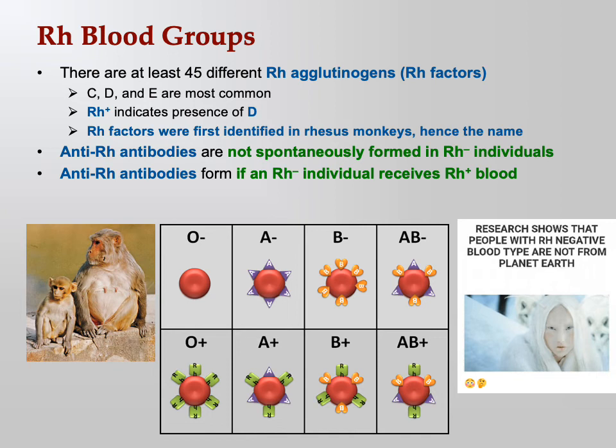What if you have an Rh negative person? Well, if they've never come into contact with Rh positive blood before, then it would be safe to transfuse them with Rh positive blood. The question is, how do you know if they've ever been in contact with Rh positive blood? Doesn't necessarily mean they've had a blood transfusion before, it just means they've come into contact with it.